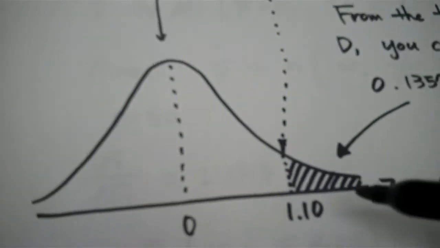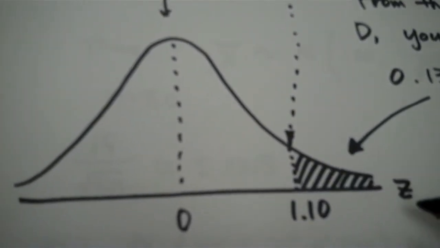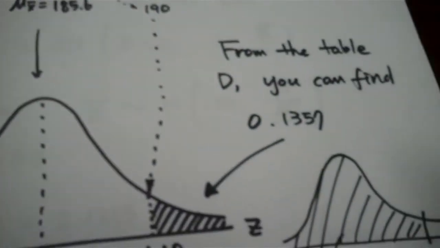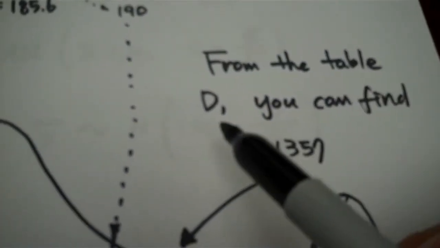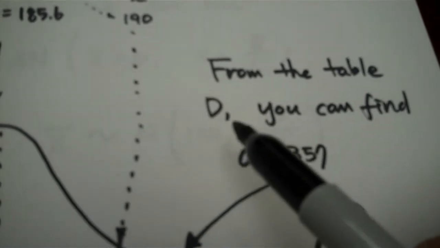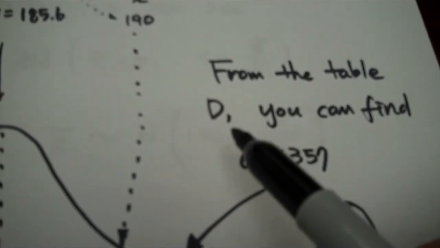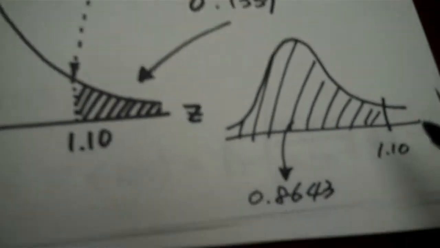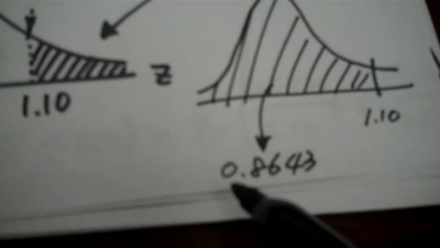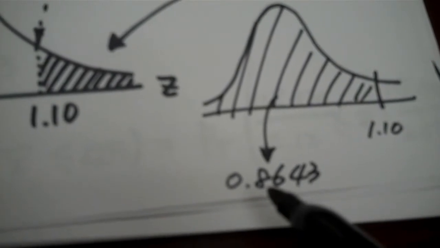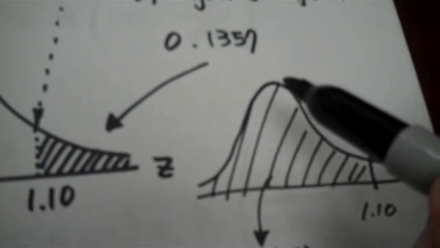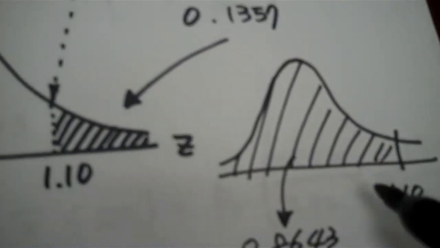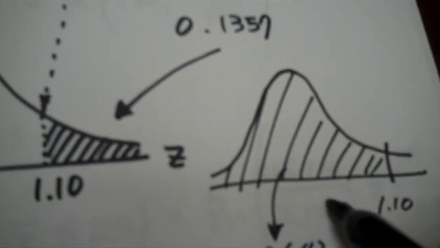If we use the z table, from table D, the standard normal distribution table, you can find the number for z score 1.1: 0.8643. That is the probability up to z equals 1.1.